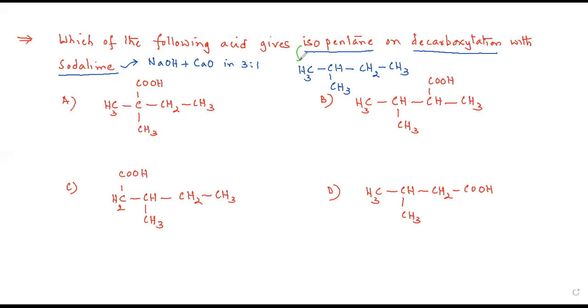Now what happens during decarboxylation? Let us see even that also. The basic reaction is, in decarboxylation, when the sodium salt of a carboxylic acid is heated with soda lime, this is what is eliminated and we get an alkane.